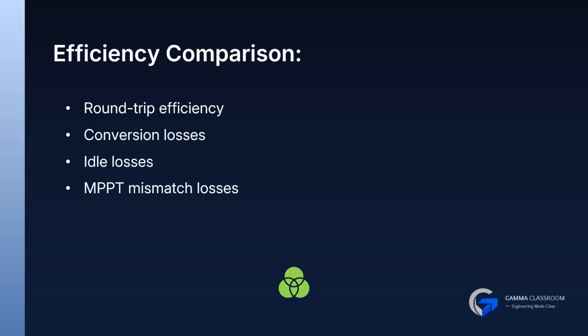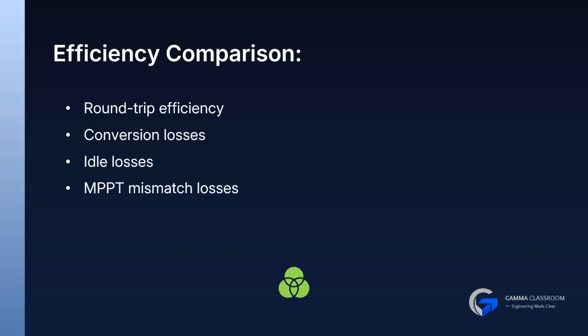Efficiency varies between AC coupled and DC coupled architectures. AC coupled systems experience multiple conversion stages, while DC coupled systems reduce conversion losses during battery charging.